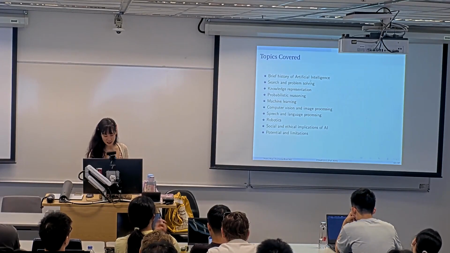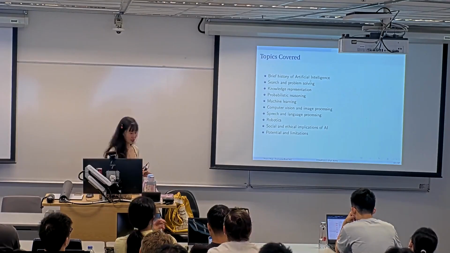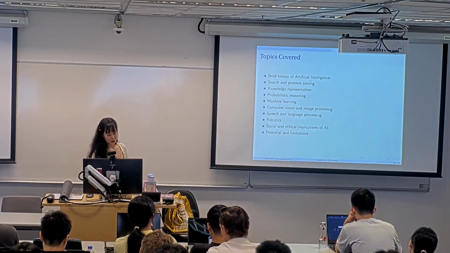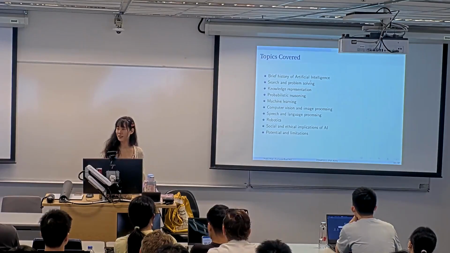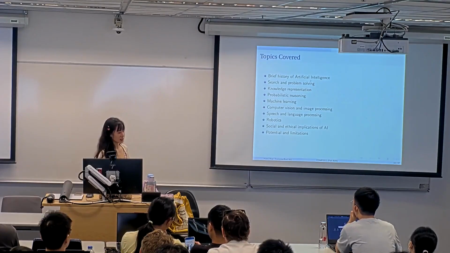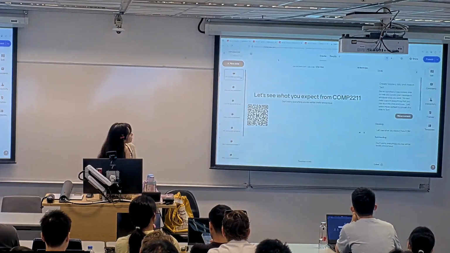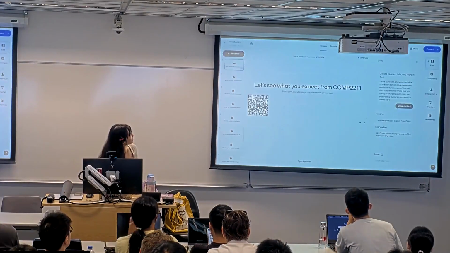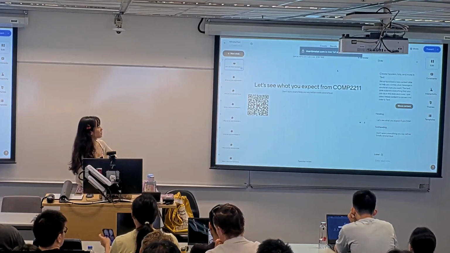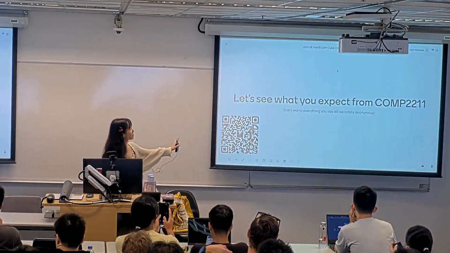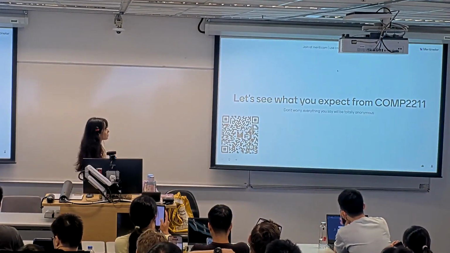But before I introduce the real topics, I would like to have a little survey about your expectations towards our course. So let's do this Mentimeter. You can directly scan the QR code to join this Mentimeter survey.